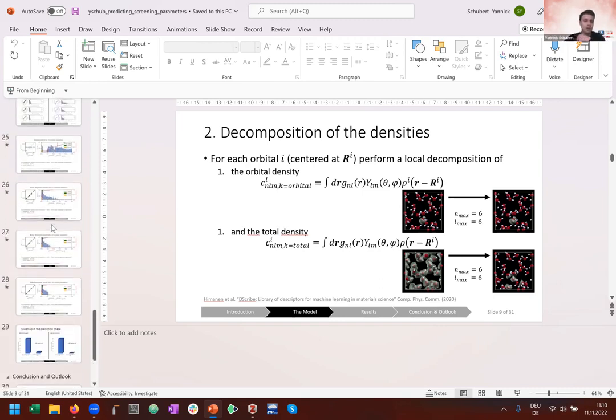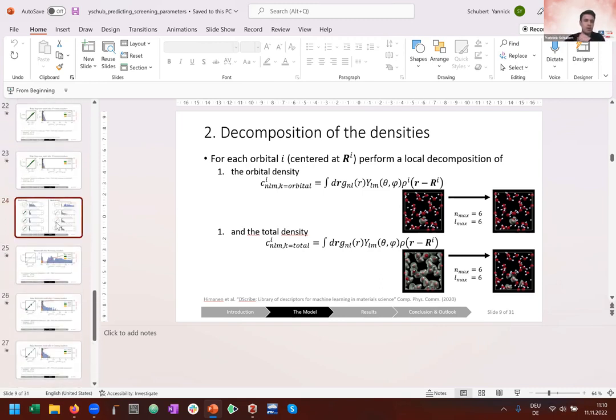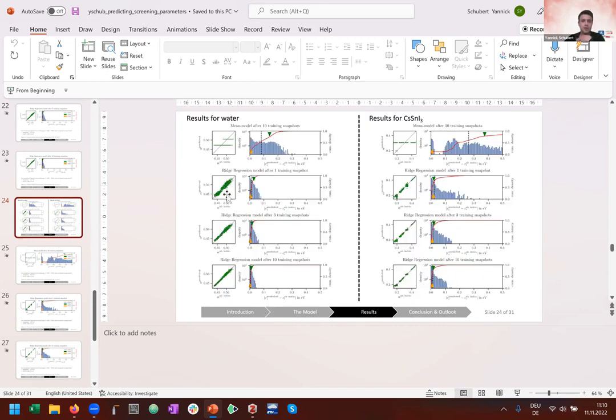Okay, so this is a very nice question. Indeed, what I showed was a setup where we train the model more or less on a system that has the same atomic configuration, so the same stoichiometry and so on, and where simply the positions of the nuclei and correspondingly also the orbital densities change slightly.